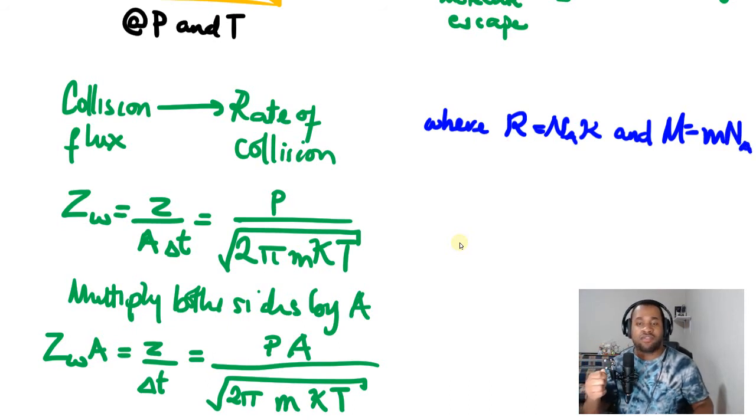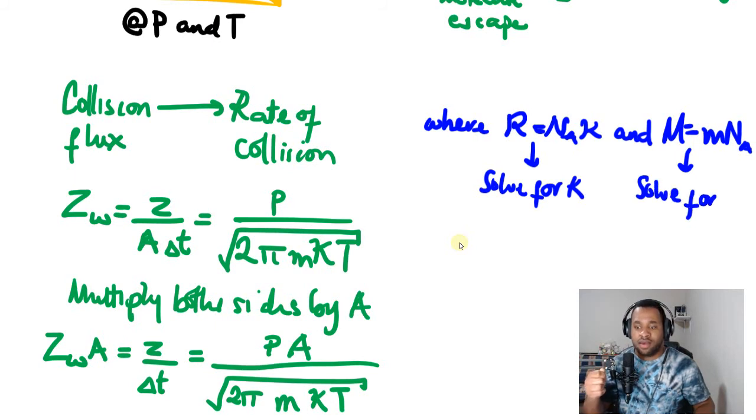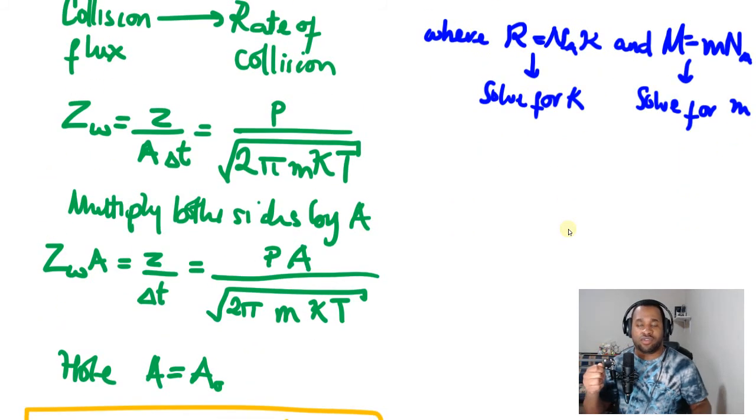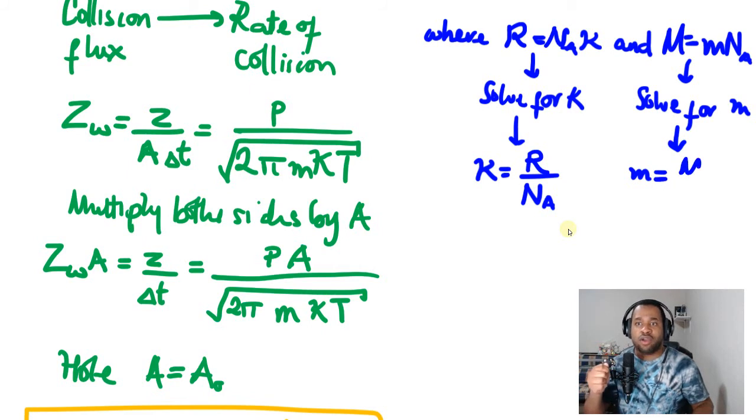We can solve for k here, and on the other side we're going to solve for our mass. And so by so doing, we are able to get our k as the subject of the formula, which is now equal to our gas constant over the number of particles, while on this other side we have our mass equal to the molecular weight divided by the number of particles.